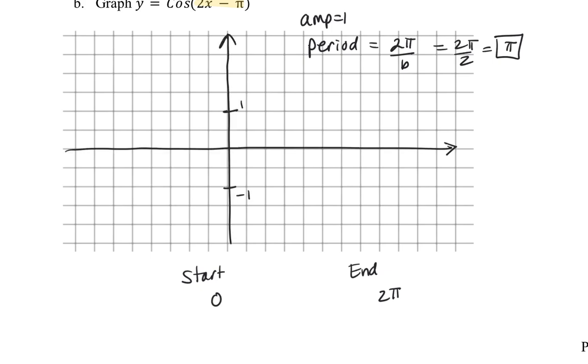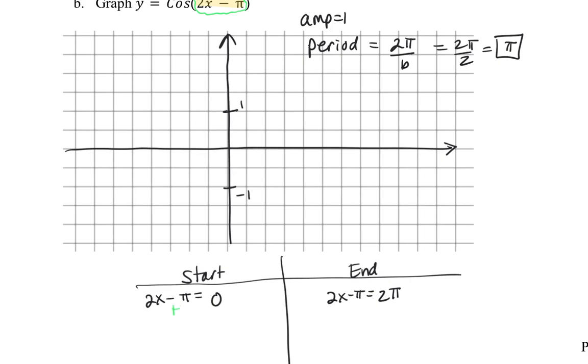I'm going to take whatever the input is, in this case 2x minus pi, and set it equal to the original start of 0 and the original end of 2 pi. Solving for x, we can add pi to both sides.